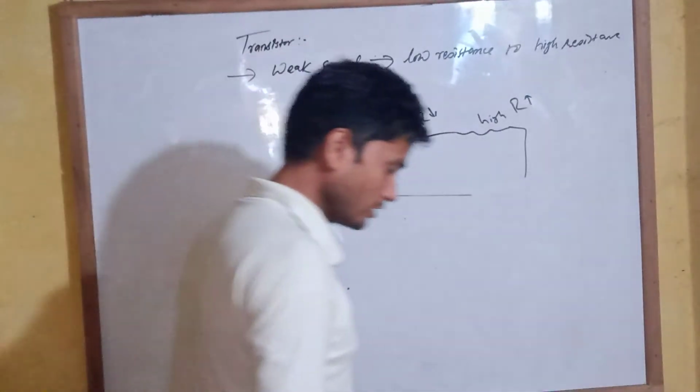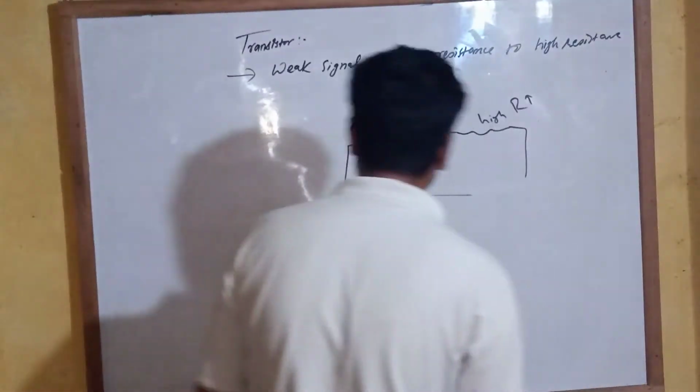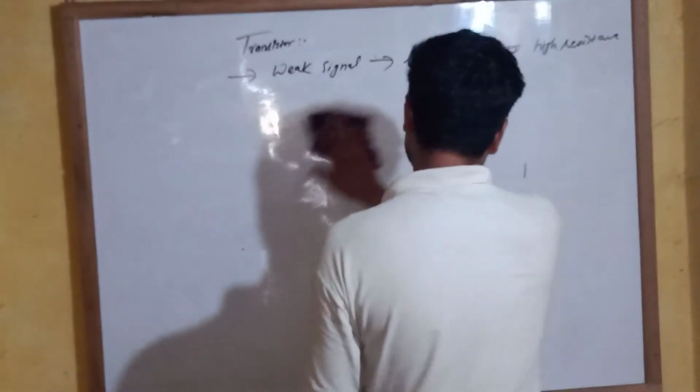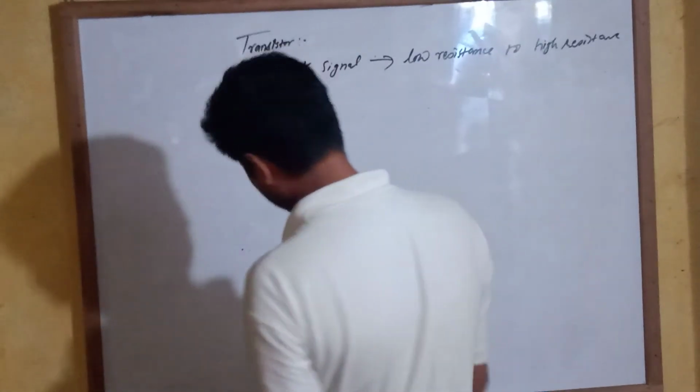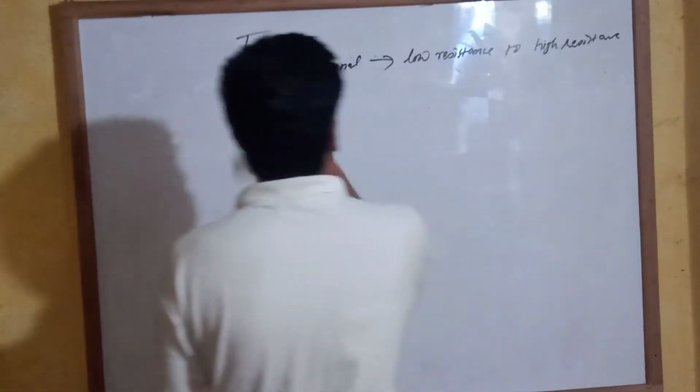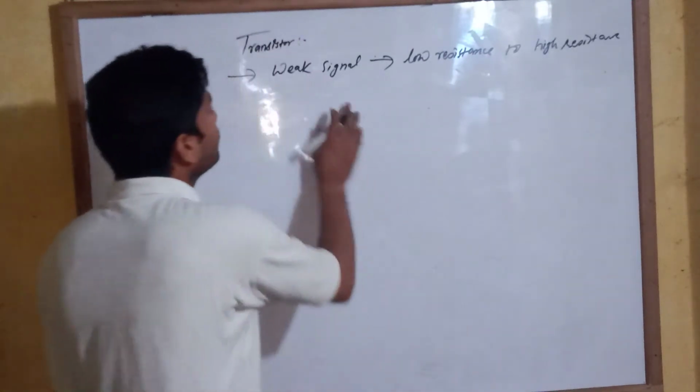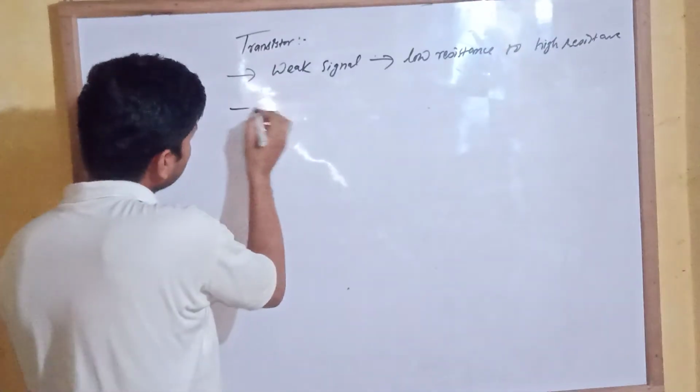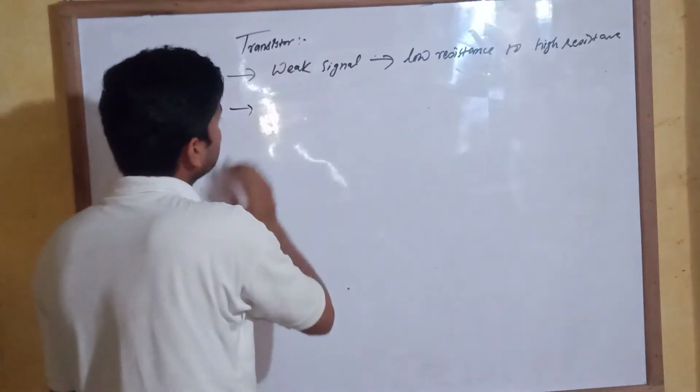We need one kind of electronic device, its name is transistor. It is also known as a switching device.